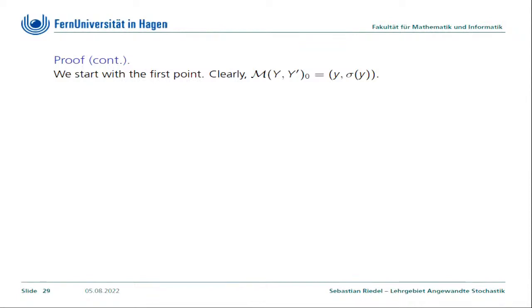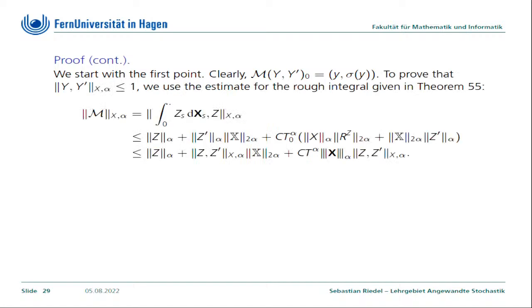So first of all, what comes out of these maps here really has the right initial condition. You can easily check. So the harder part is to check the semi-norm here. Okay, this is also a typo. I have to apply M, Y, and Y tilde here, of course, like here.